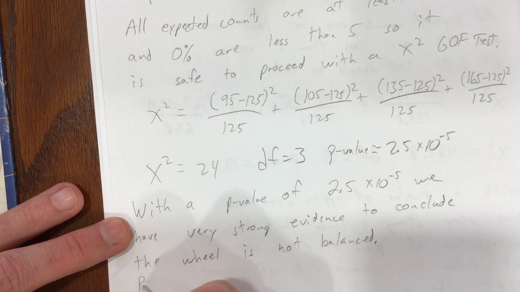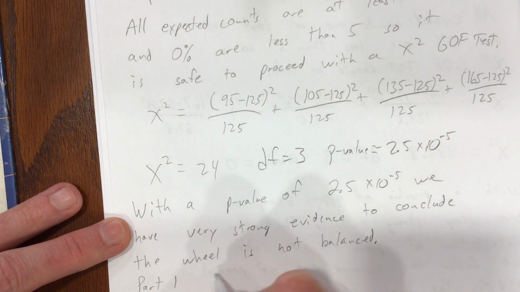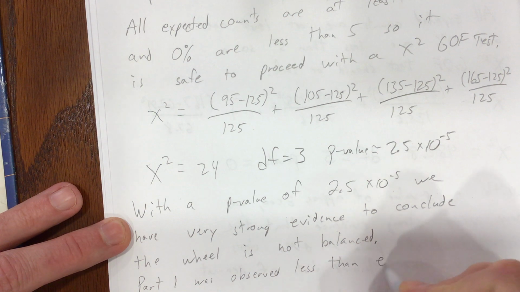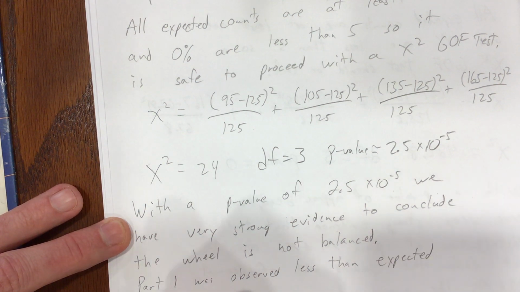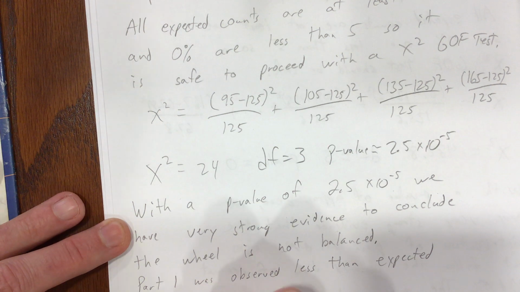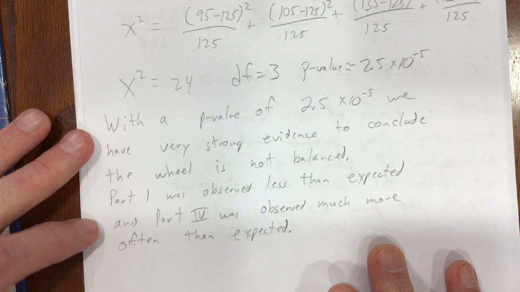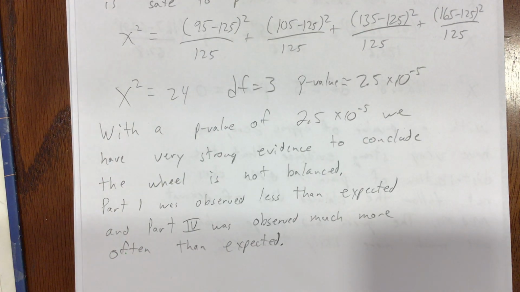So part 1 was observed less than expected, and part 4 was observed much more often than expected. And there you go. That's how you do the chi-square goodness of fit test.